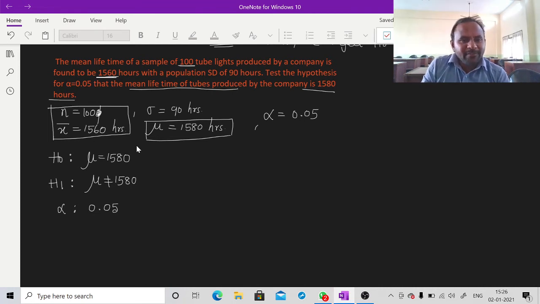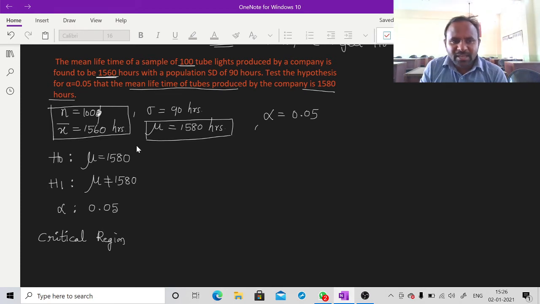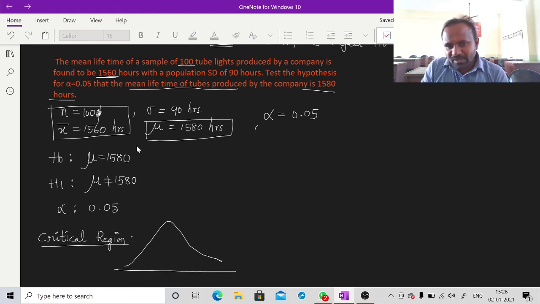Then you have to identify the critical region in which the statement is to be rejected. So the critical region is the region in which the statement is rejected. For that, you take that your sample statistic follows a normal distribution. If x bar is the mean, its standard normal variable is z, whose mean is equal to 0.